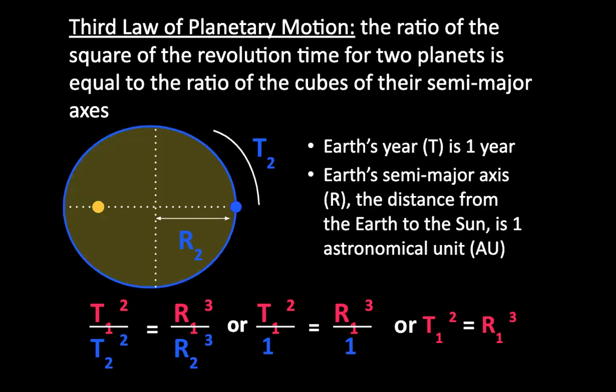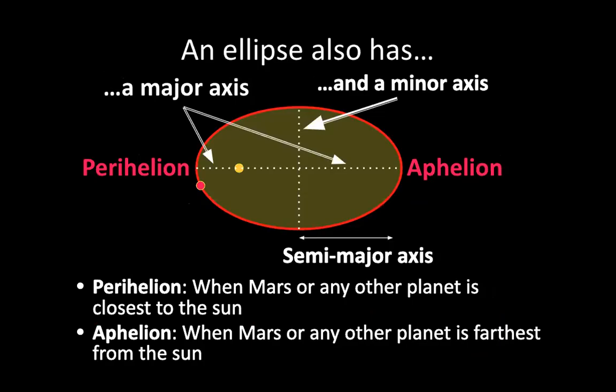So the third law, and this one we're not going to get too in depth on because this has a lot of math. This is the ratio of the square of revolution time for two planets is equal to the ratio of the cubes of their semi-major axes, which we saw, if I go back, at the bottom.